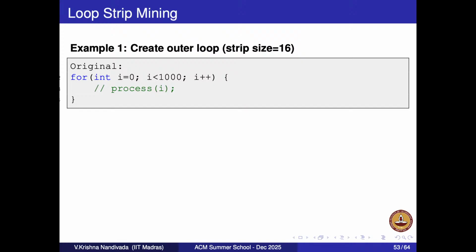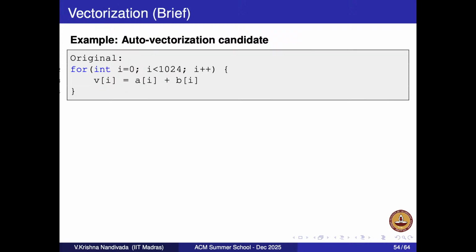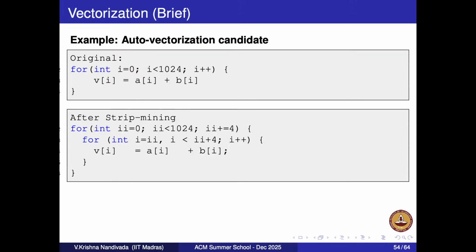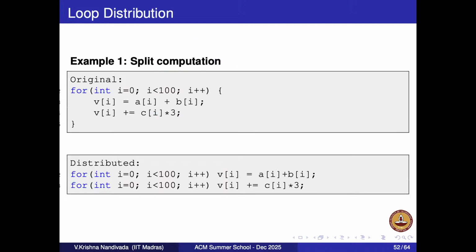So this is much better suited for cache. Loop distribution itself can be useful for performance sometimes. But we have to be careful.